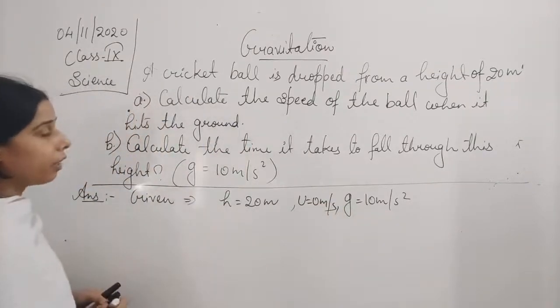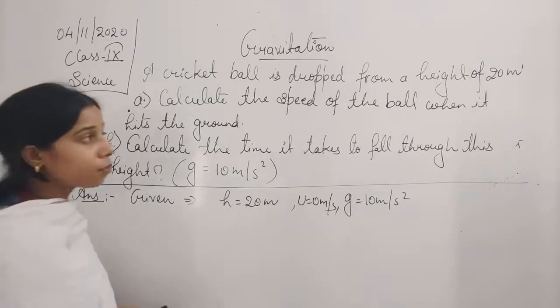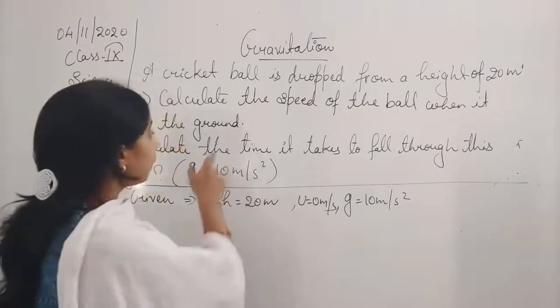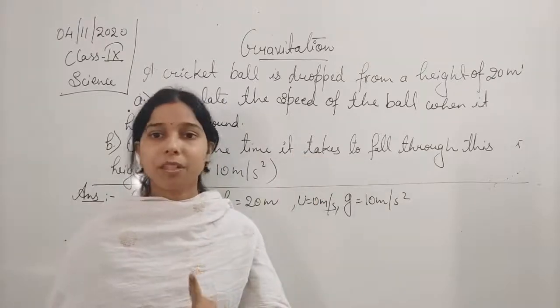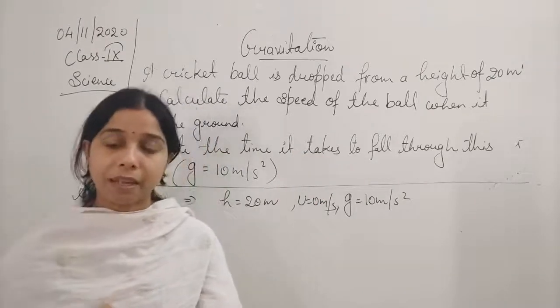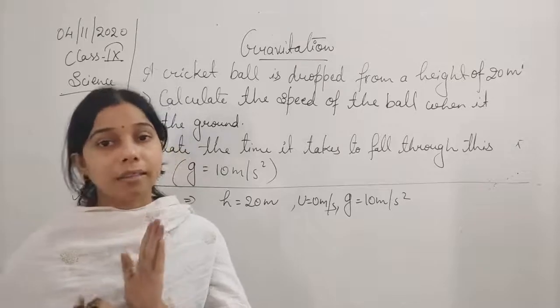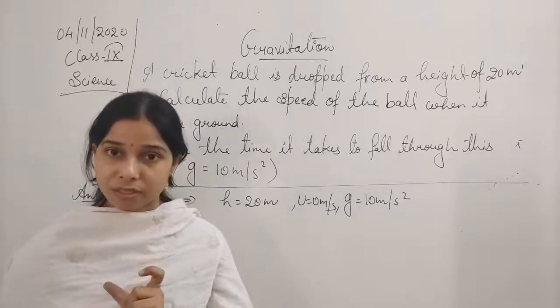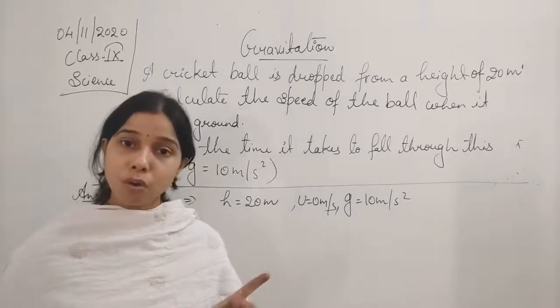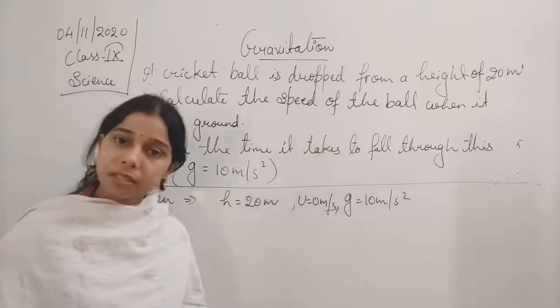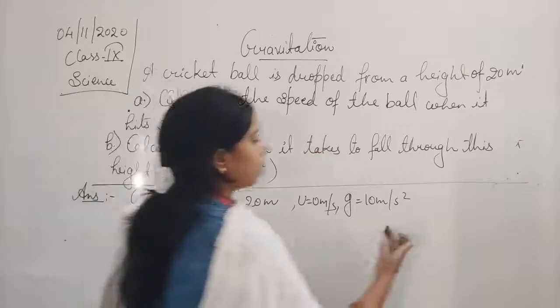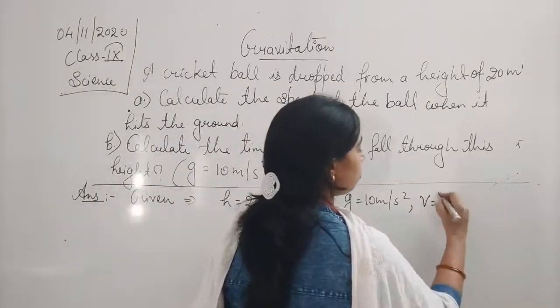What we have to find in the first case, students, is the speed of the ball when it hits the ground. When it is dropped from a height, the initial velocity was 0 meter per second, and when it hits the ground, that is its final velocity. So u will be 0, and the final velocity we have to find in the first case, so v equals question mark.